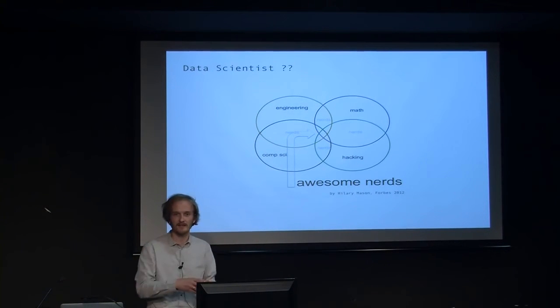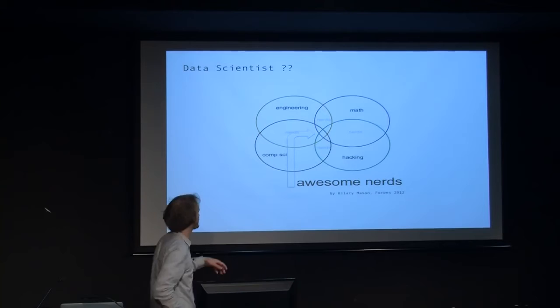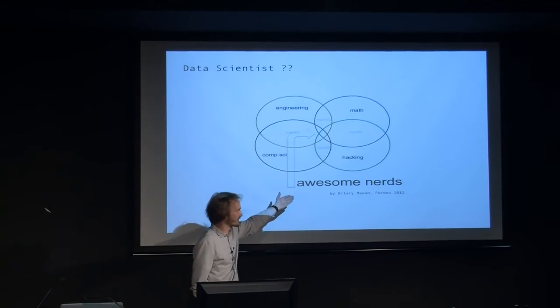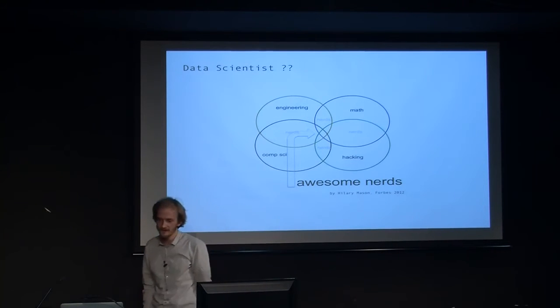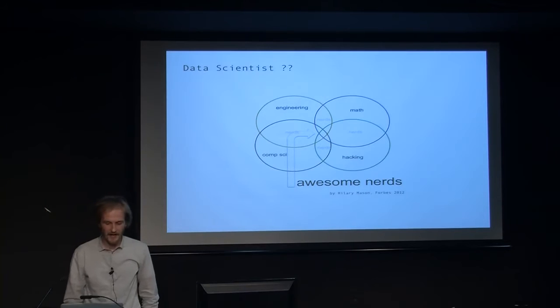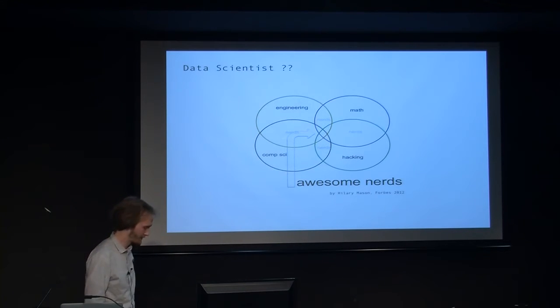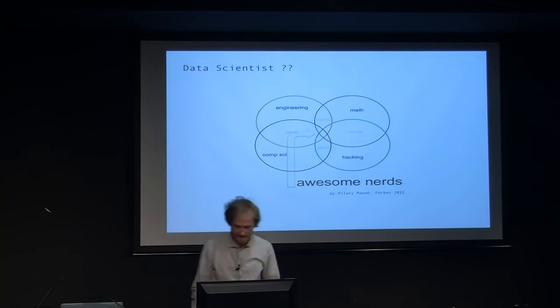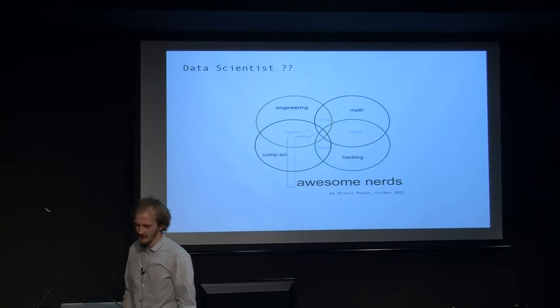So you have data and you want to find out something, and then you start to create algorithms. You start to explore the data, which is closely related to statistics. Here she said math, and she was a chief data scientist, and she called herself an awesome nerd. There are other quotes from Twitter, for example, that say a data scientist is just a statistician with a Mac.